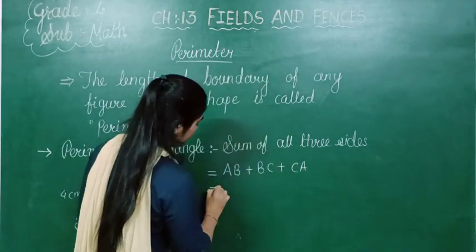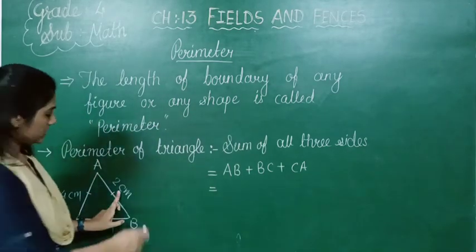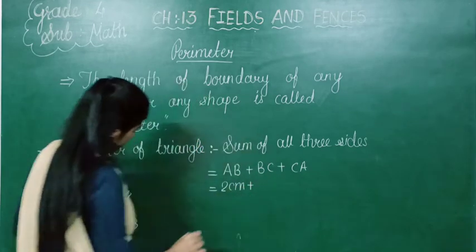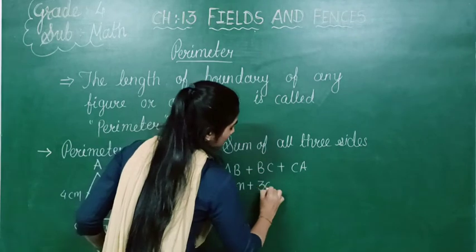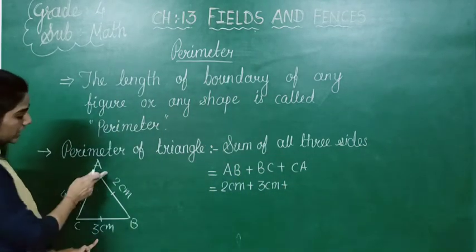Now we write this measurement in this formula. So 2 centimeter, that is AB, 3 centimeter, that is this BC, and 4 centimeter, that is this CA.